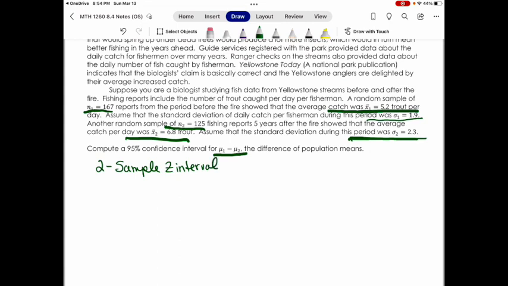So in order to use that, we need some information. So let's write down all the information that was given to us in the problem. For sample 1, this was for before the fires, and they give us that sample had 167, and then it goes on to say that the mean of the number of trout was 5.2 from that sample per day.